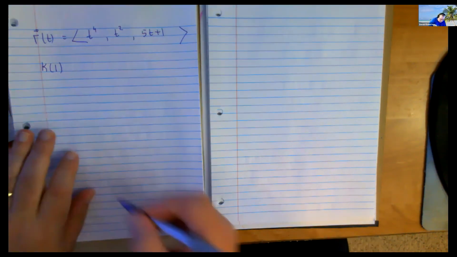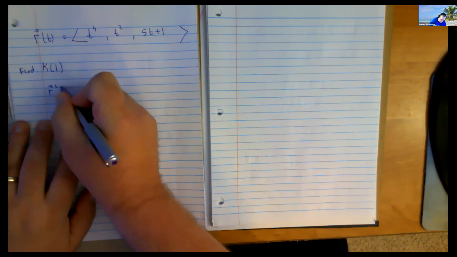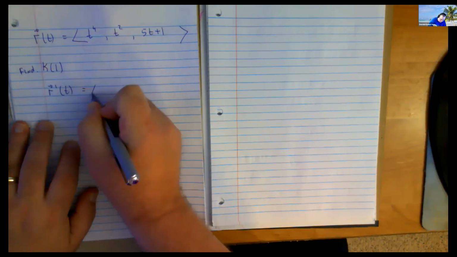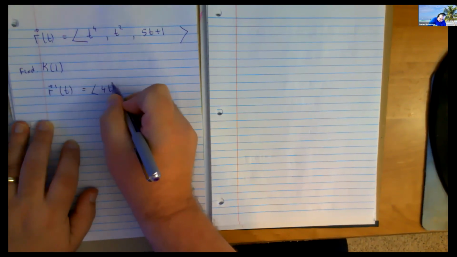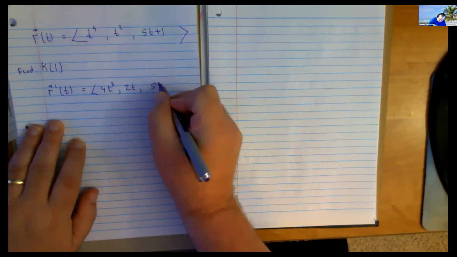Right, so that means the curvature at t equals 1. So you might say, well, how is that going to reduce our workload? It will, quite substantially. So I'll start off by finding the first derivative, which is 4t cubed, 2t and 5.